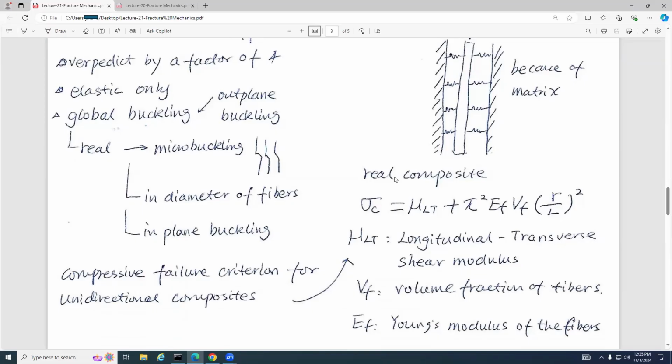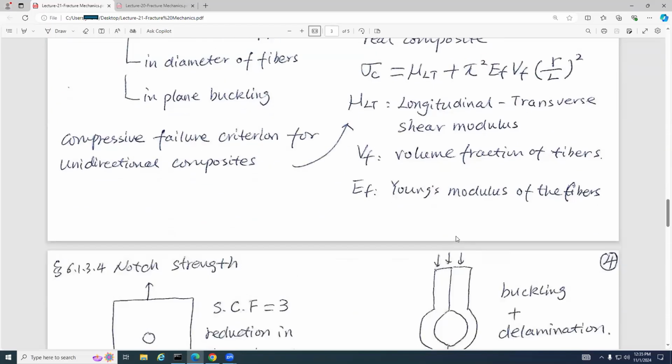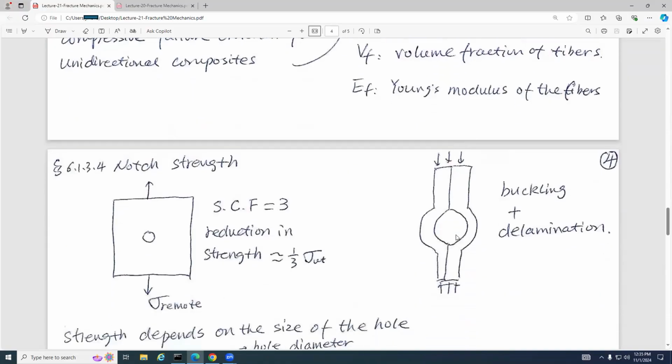To model composite materials, you can usually use Abaqus or ANSYS. Questions so far? No questions.